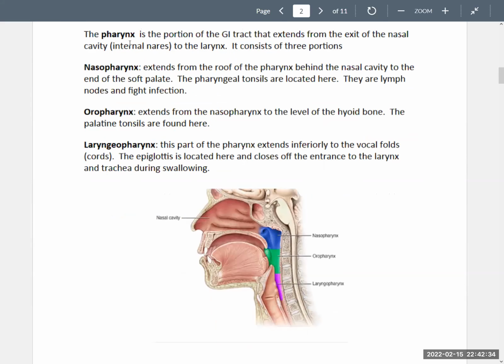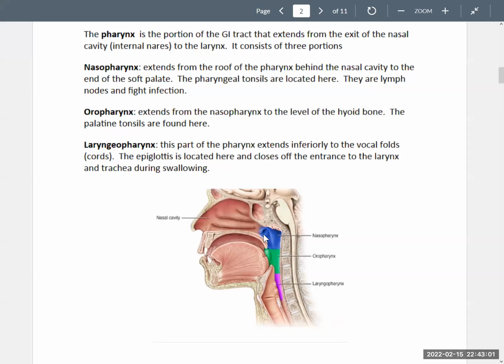Okay, the pharynx, this is the portion of the GI tract from the exit of the nasal cavity to the larynx. So the exit of the nasal cavity is right here. Nasal cavity itself is here. Your nostrils are called external nares, and there'll be a label for that in a second.